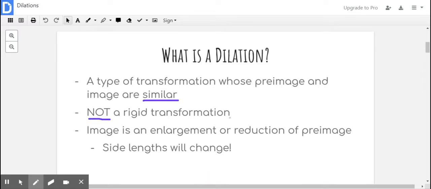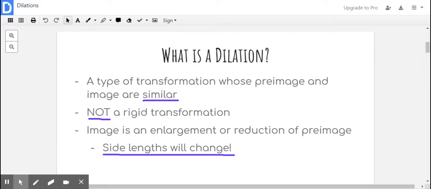You will have shapes that are the same shape but different sizes. The side lengths of each of these shapes will change, but the angles on these shapes will not change at all. For instance, if you were to dilate a square, you would end up with a square with side lengths that are bigger or smaller, but each of those 90-degree angles that a square has would remain the same.